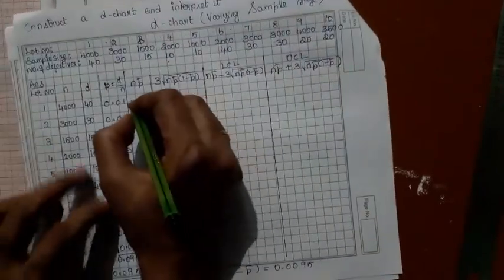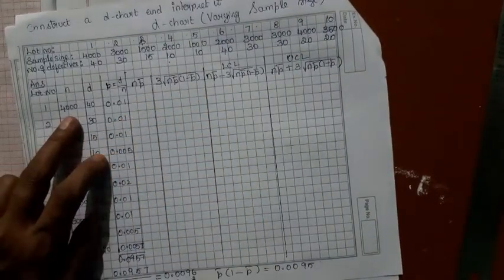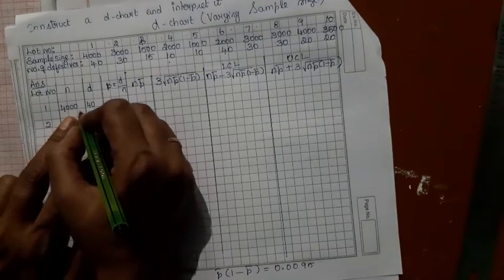So you compute n into P bar, 0.0096 into n.